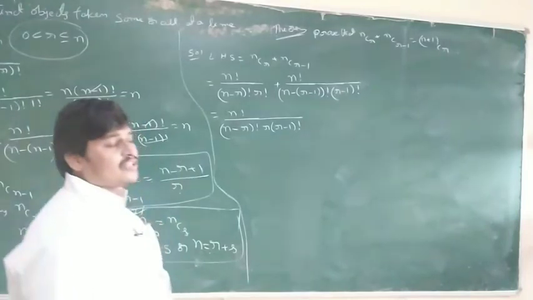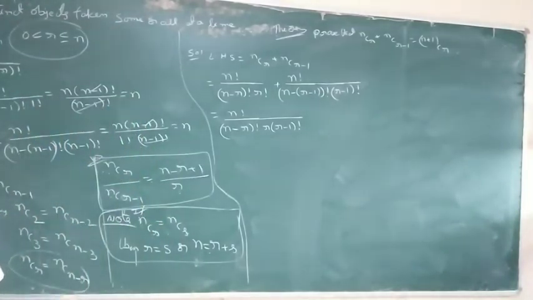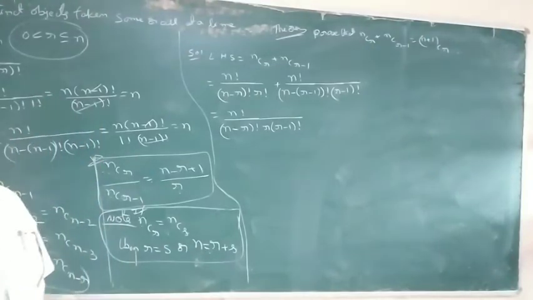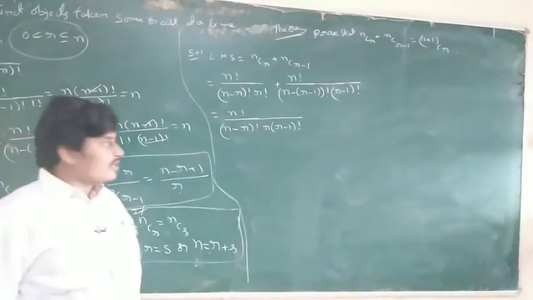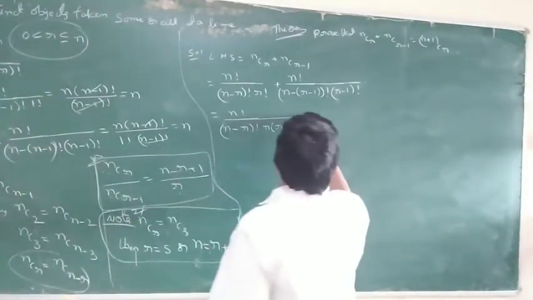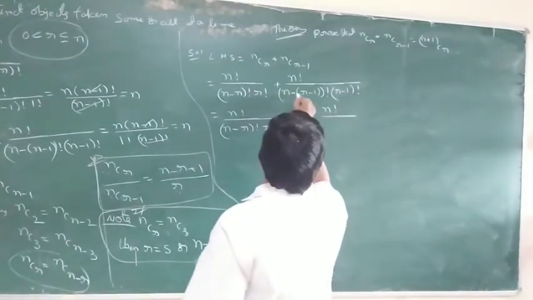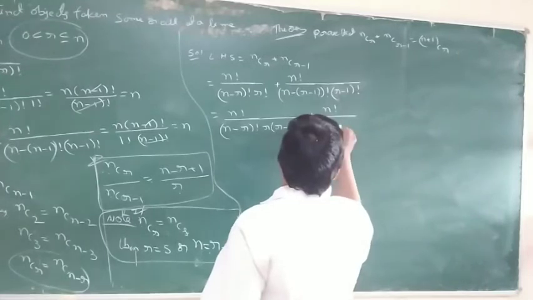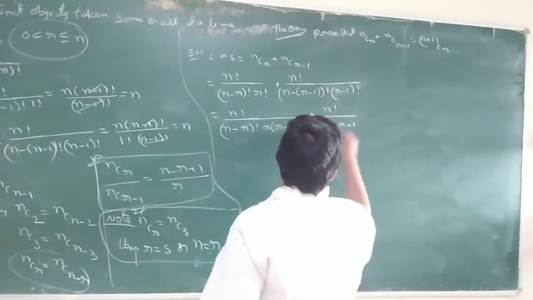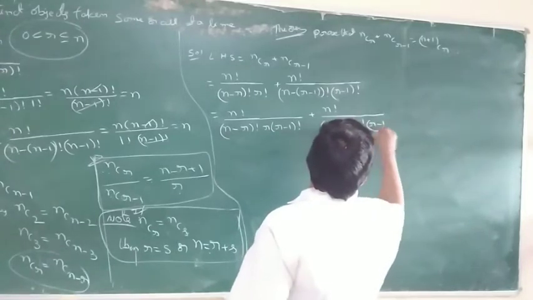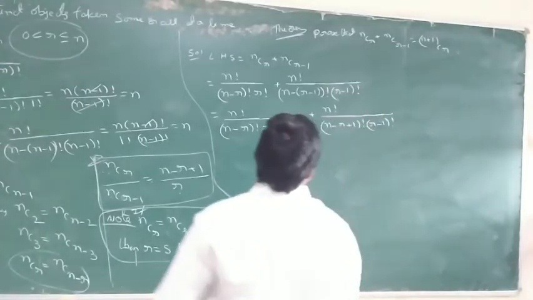Clear? n factorial is equal to n into (n minus 1) into (n minus 2) up to 1. n factorial is equal to n into (n minus 1) factorial. Okay, clear? So plus n factorial by (n minus r plus 1) factorial into (r minus 1) factorial.